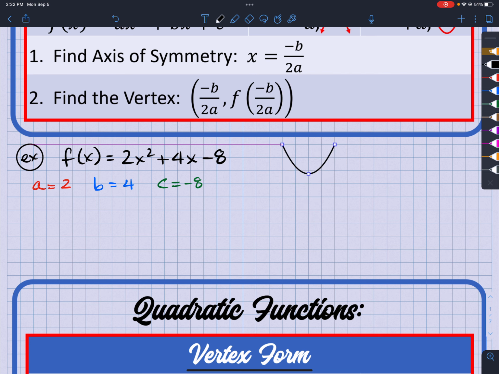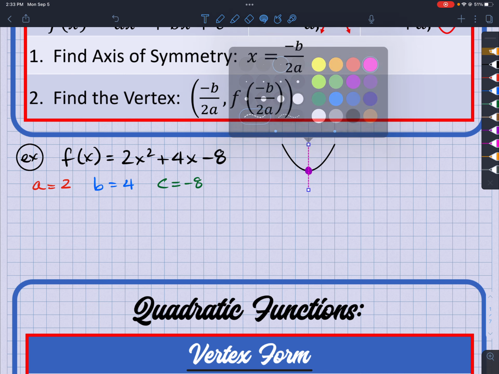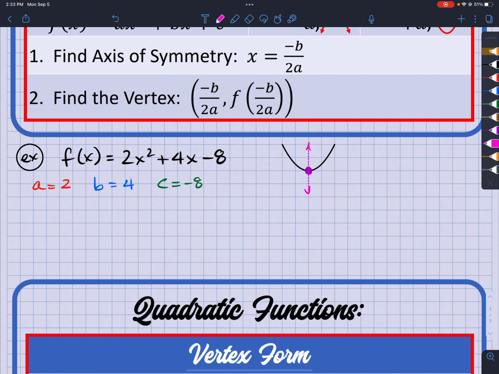It's going to smile like this. What I have to find is the vertex, and also the axis of symmetry. This pink dotted line is my so-called axis of symmetry, and that purple dot is called my vertex, which I would know as the minimum.